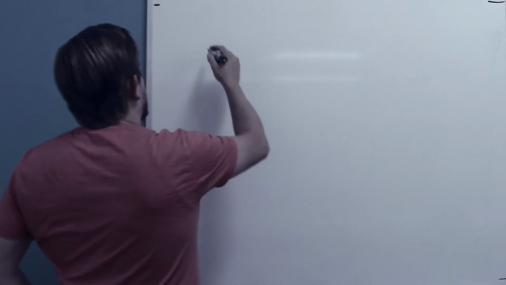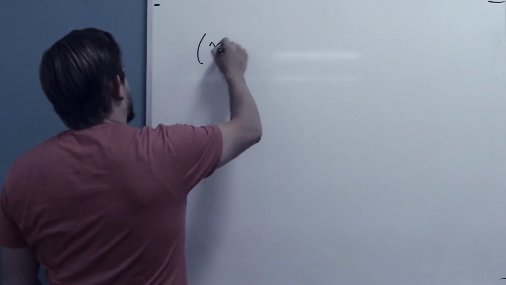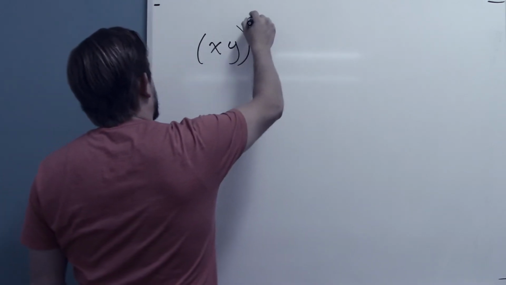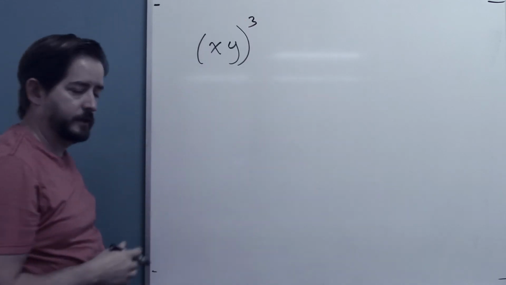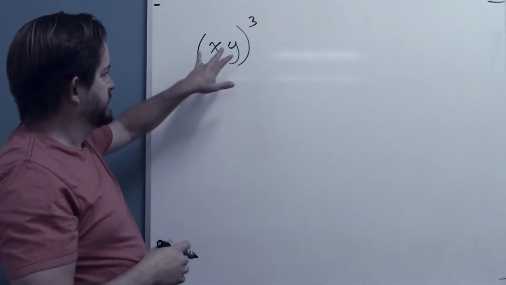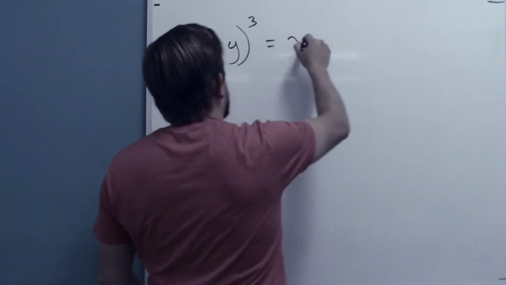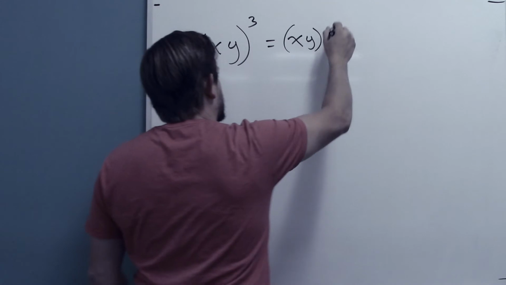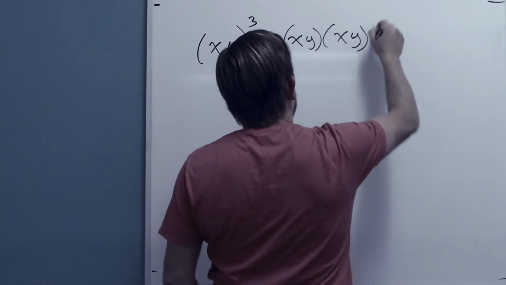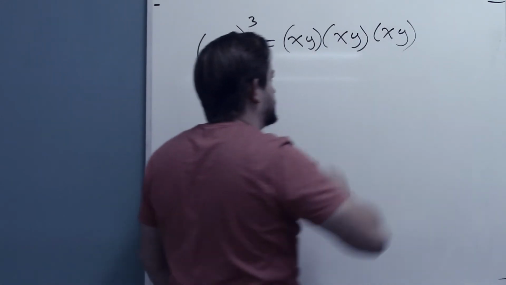If I have, let's say, x times y, and that gets cubed, this is the same thing as taking x times y times x times y times x times y. So I'll write that as x times y gets multiplied by x times y, that gets multiplied by x times y, right?